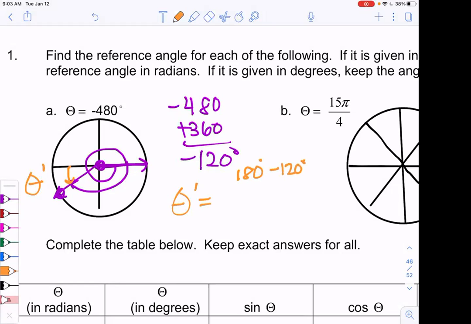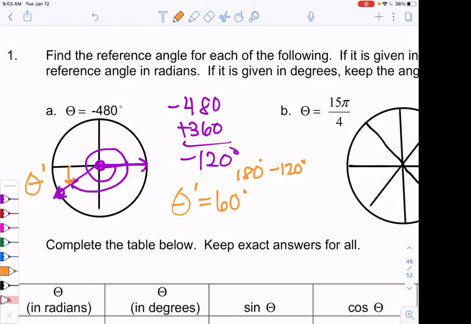And Cole, that answer is 60 degrees. Nice job. So that reference angle is 60 degrees. We would then use that reference angle to find the ordered pair and then to get sine, cosine, tangent, secant, cosecant, and cotangent.